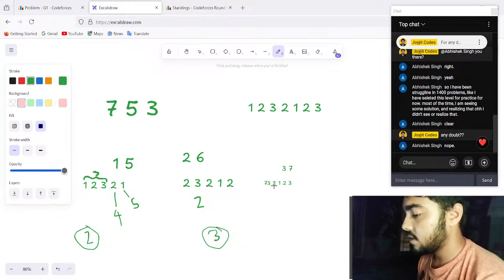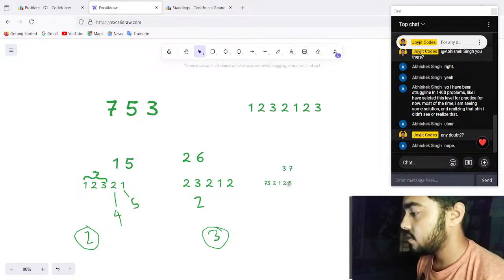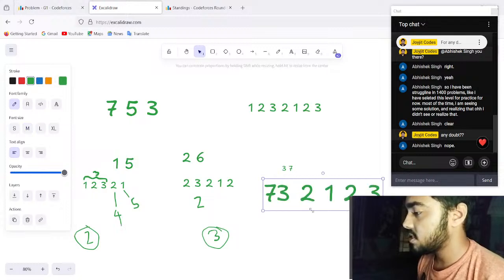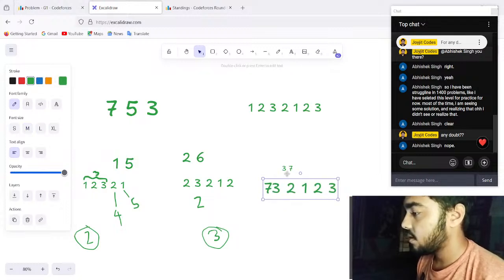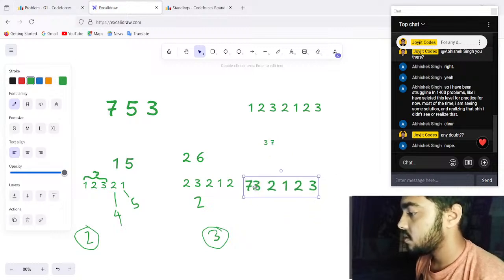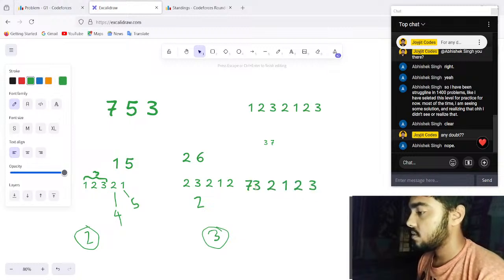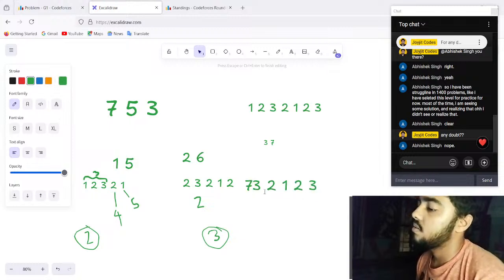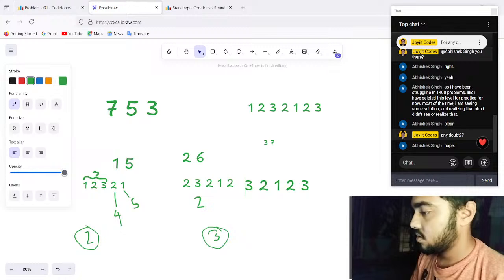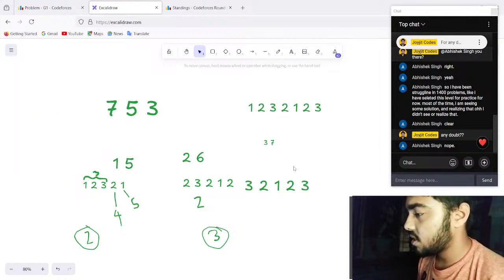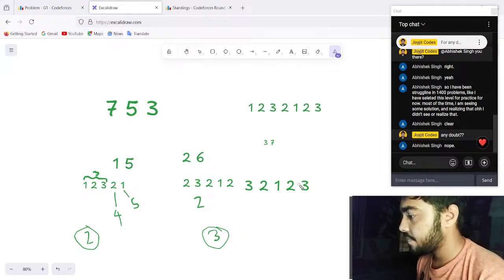For this, let us check it quickly for 3 comma 7. So from the 3 comma this thing, I'll just use the laser again.